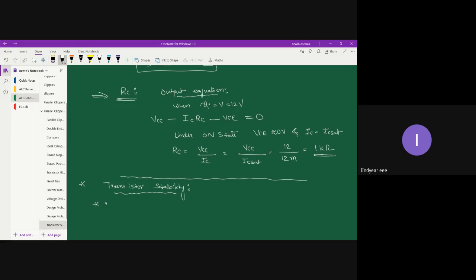Determine the stability factor SVBE and change in IC from 25 degrees Celsius to 100 degrees Celsius, for the transistor with VBE at 25 degrees Celsius equal to 0.65 volts, and VBE at 100 degrees Celsius equal to 0.48 volts.